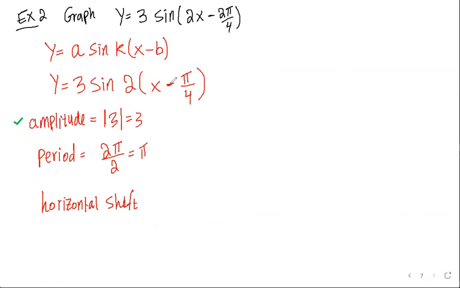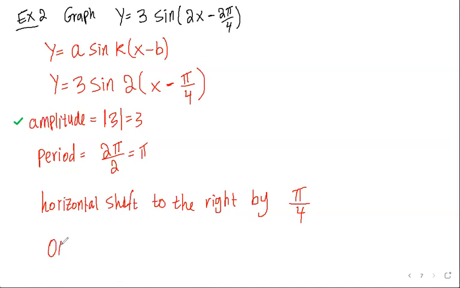Because we have minus, this means we have to shift it to the right by pi over 4.